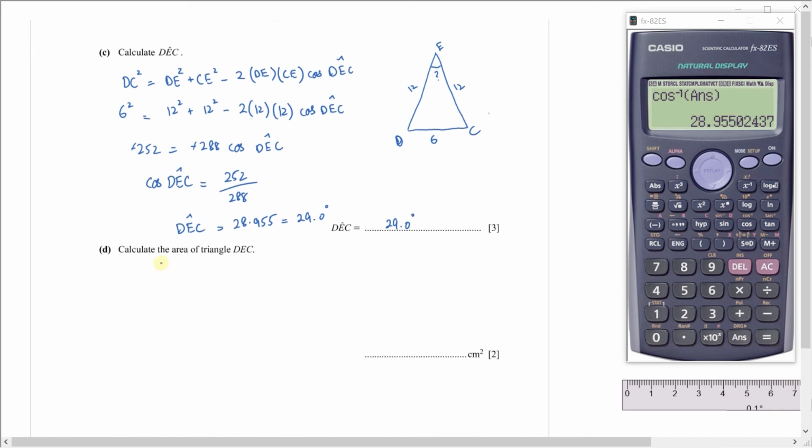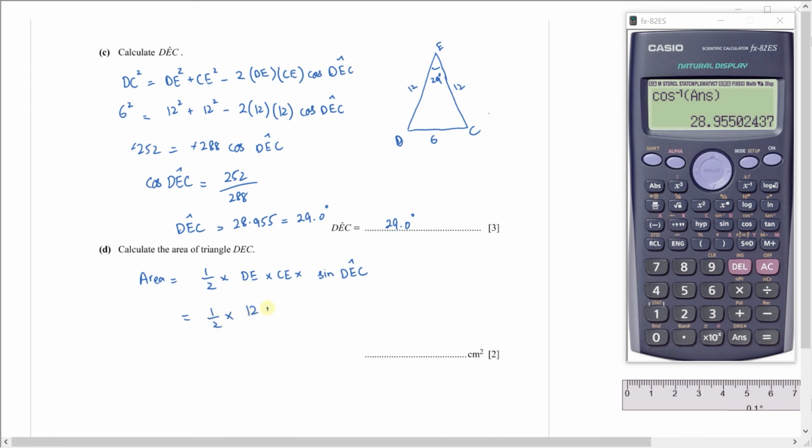The next part is calculate the area of triangle DEC. So now we know that this angle here is 29 degrees. So I can use the formula for the area. Area will be equals to 1 by 2 into these two sides, DE into CE, multiplied by the sine of the angle between them, which is DEC, which is 29. So let's substitute the values.